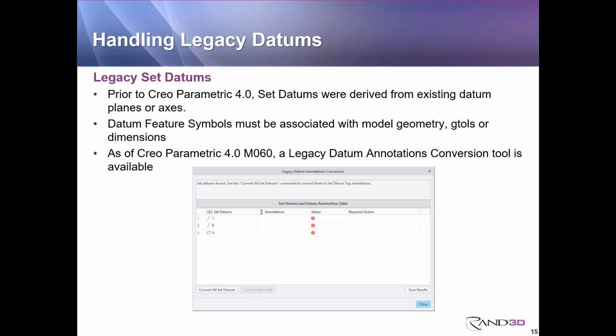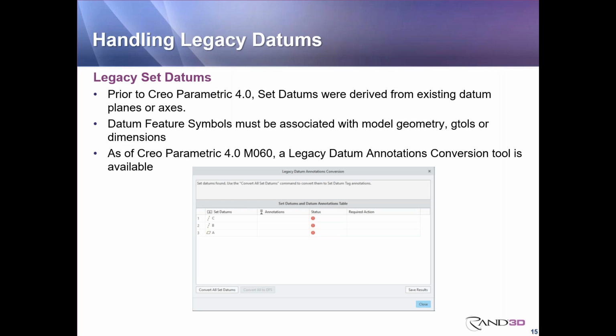So from here, we will get into the process whereby you can work with your legacy set datums, and that's going to take a few images here, and then we'll go into a demonstration of both the creation of a datum feature symbol and then the conversion of one from a prior drawing opened up from a previous release, previous to Creo Parametric 4. In previous releases of Creo Parametric, a set datum was created as a property of a plane or an axis feature.